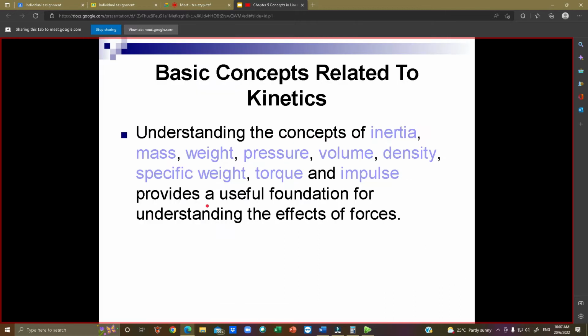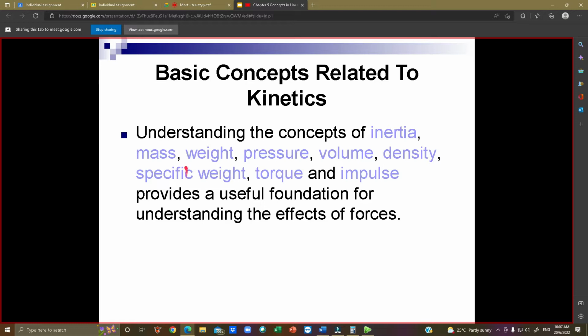Okay, so for the basic concepts related to kinetics, we have several. We have inertia. In other words, inertia ni kita boleh je namakan dia sebagai mass. Okay, inertia is actually part of mass. So we have inertia, mass, weight, pressure, tekanan, volume, isi padu, density, ketepatan.